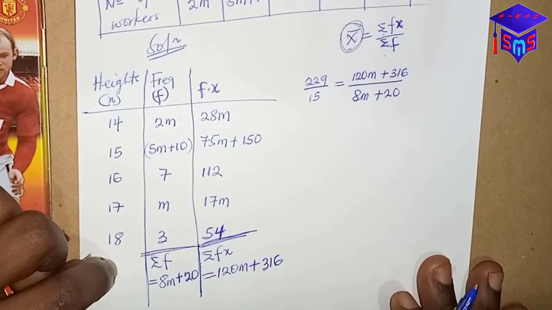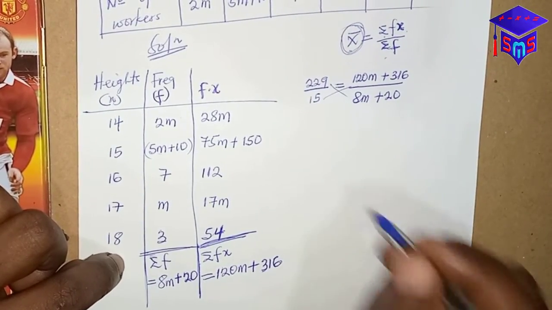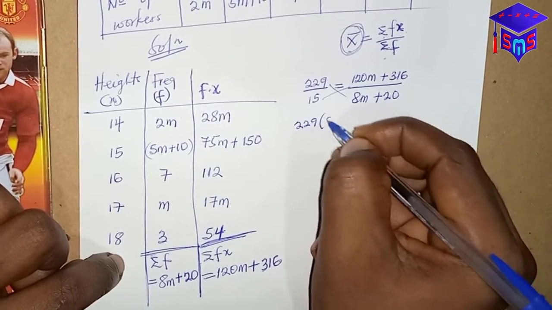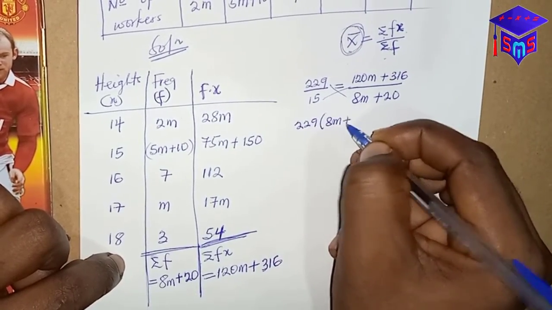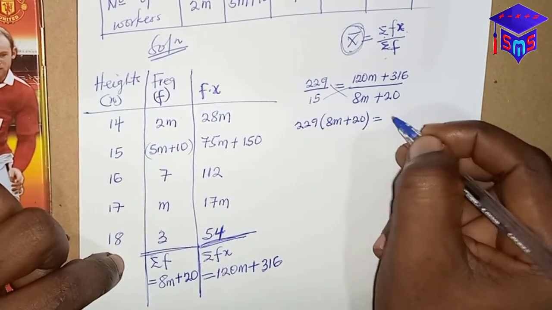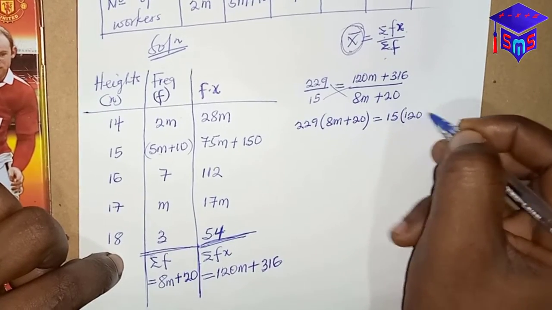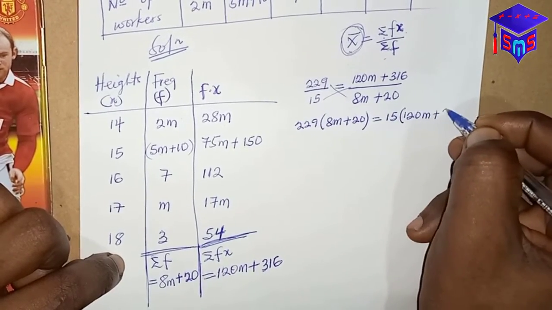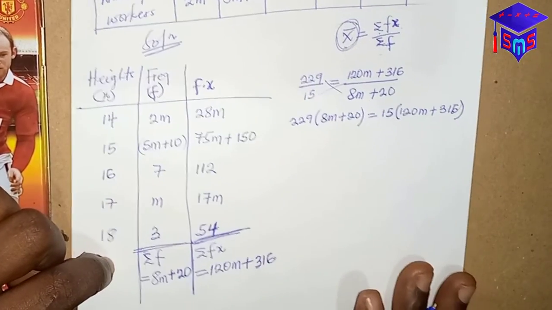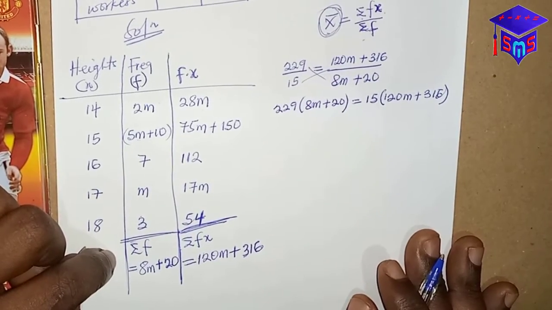All right, so just like we did in the first example, you can cross multiply so that 229 will be multiplied by 8m plus 20, and that will be equal to 15 multiplying the numerator, so 15 times 120m plus 316. Okay, so you have this simple equation, you expand and you simplify.